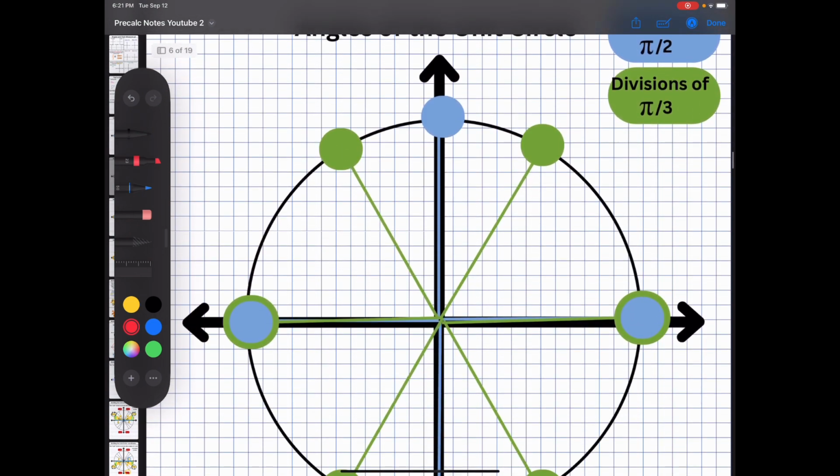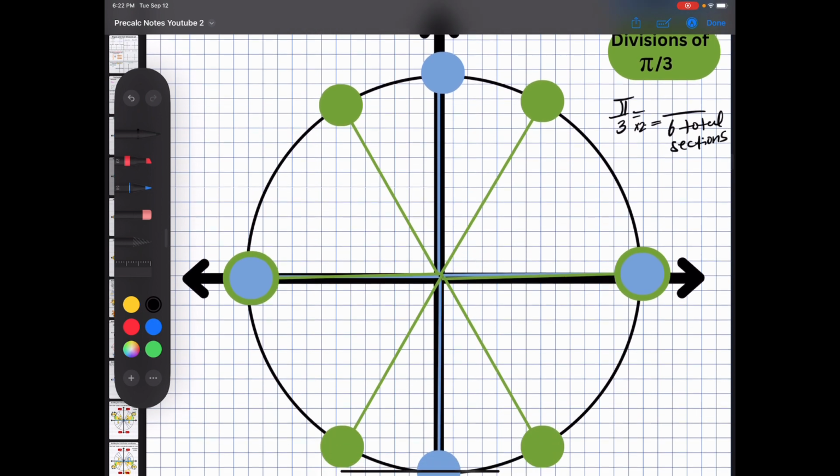So now we're going to create divisions of pi over 3. And you know, if you saw that video, that if I want to graph pi over 3, I need double the denominator. I need a total of 6 sections. And so I already did my divisions in green. And I have, as you can see, 1, 2, 3, 4, 5, 6.